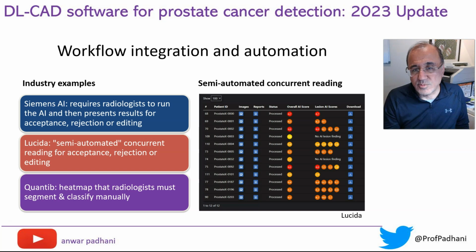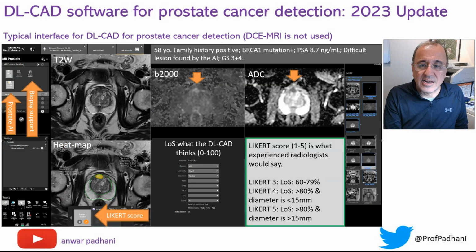And there's the Quantib software, which is commercially available, where the only heat maps are displayed, which radiologists must manually segment and classify.